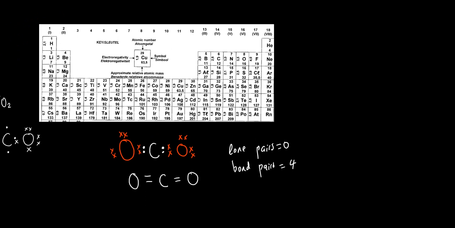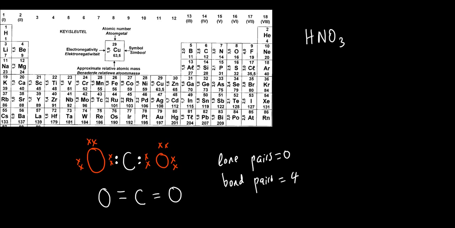Now, this is my last one in terms of these Lewis structures. Not NH3, it's HNO3. How do you think we're going to do this one? Yes, so we need the Lewis structure for HNO3. That's a good start. Which one has a higher electronegativity?